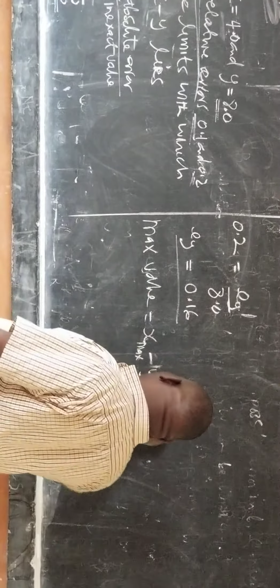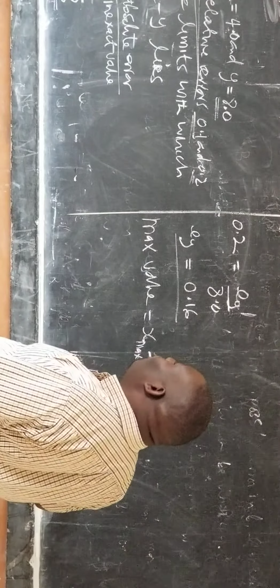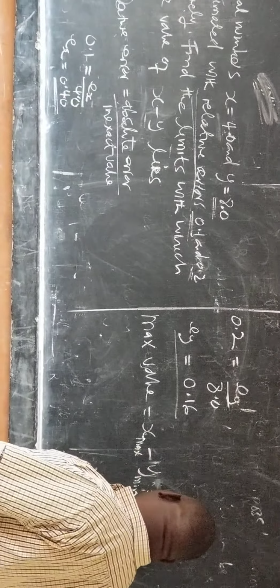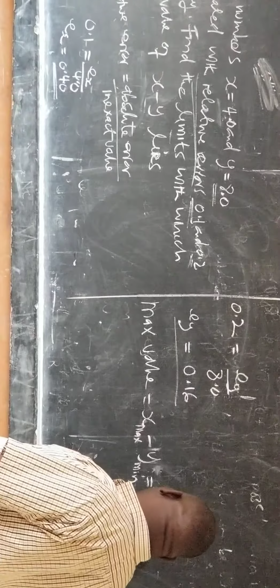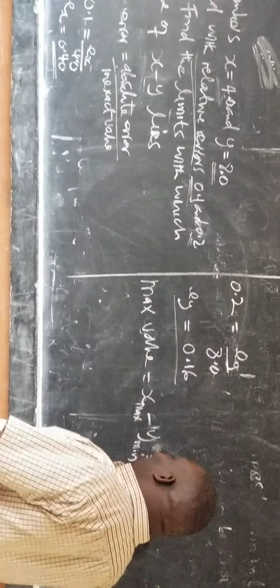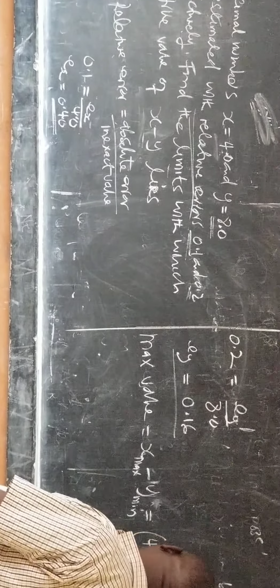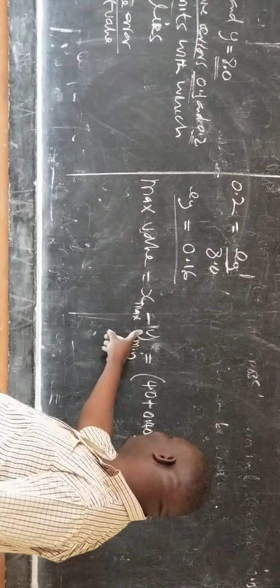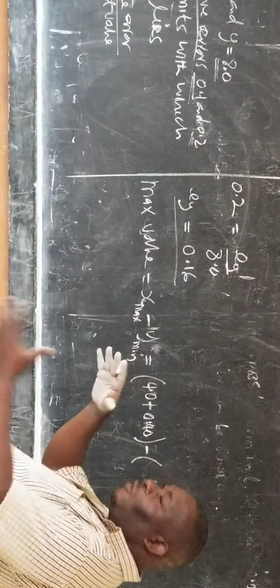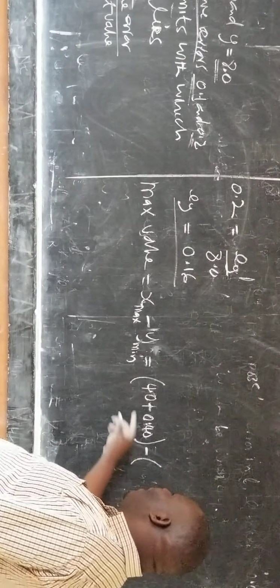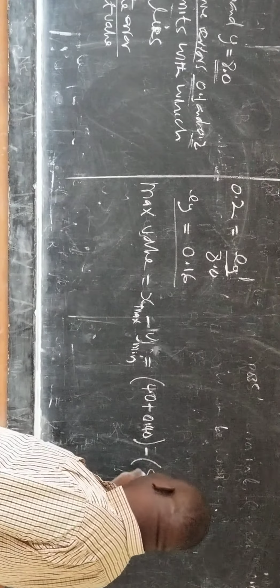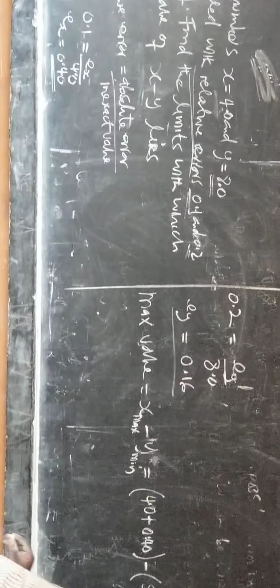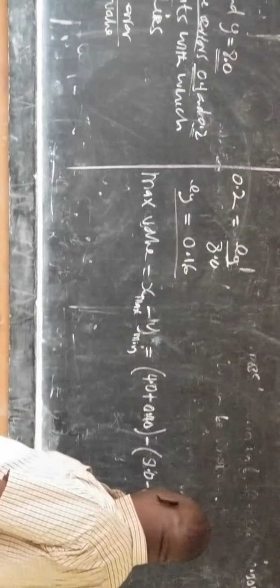So for x we take 4.0 plus its error, which is 0.40, then minus y minimized, which is 8.0 minus its error, which is 0.16.